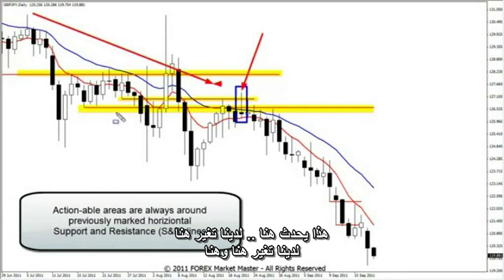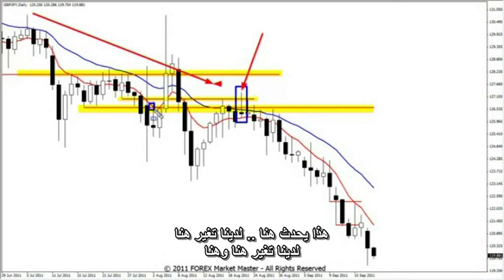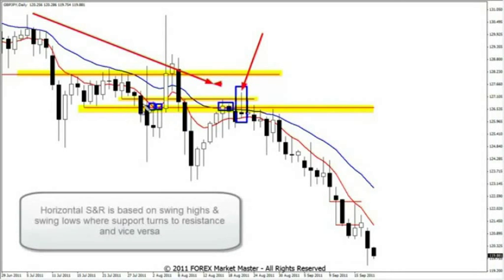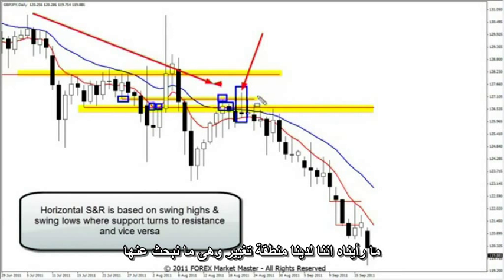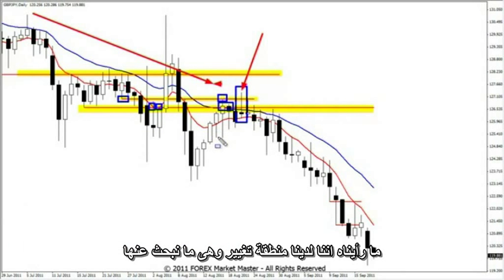And that's happened here. We've had it change here, and here. These areas are areas of resistance. So we have an actionable area, and that's what we're looking for.